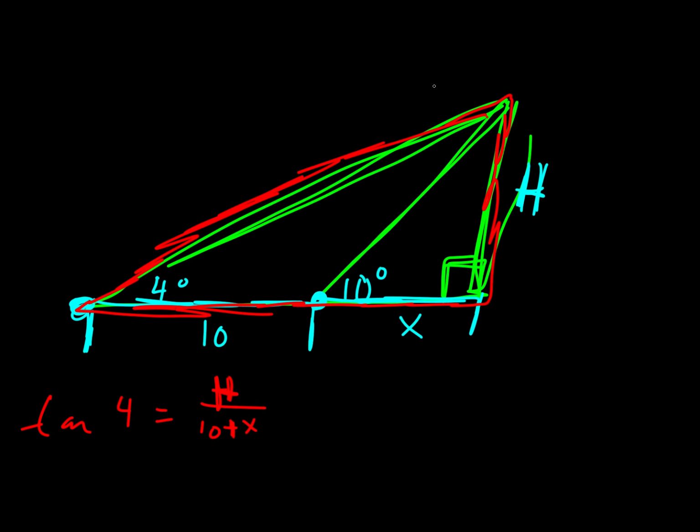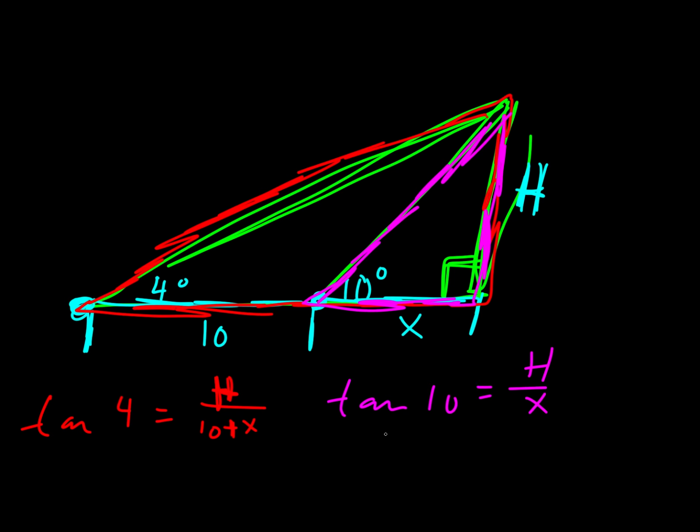Now we're also going to set up this smaller triangle. Okay, and that's also a tangent. Tangent 10 equals opposite over adjacent. So we ultimately want h, and so I'm going to solve for x first, and I'm going to solve it in the pink equation because that's easier.